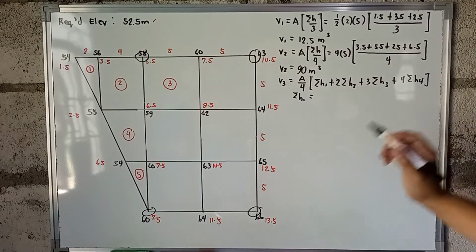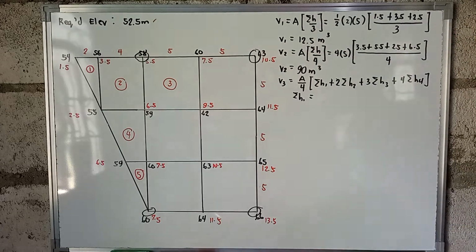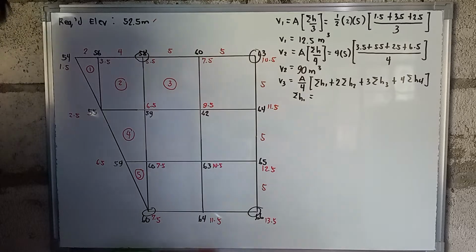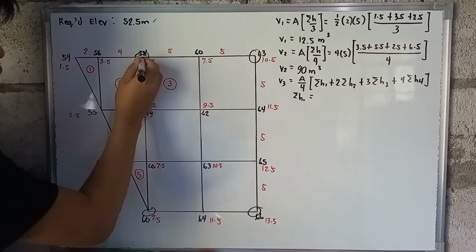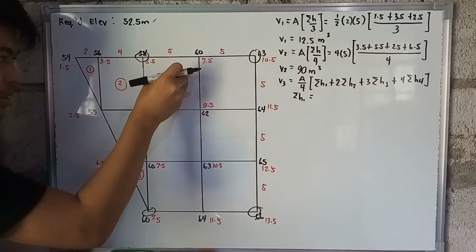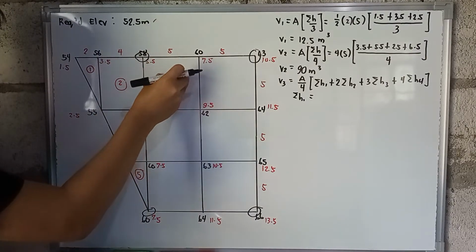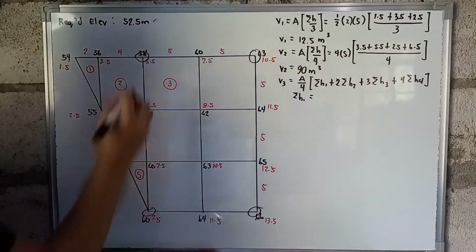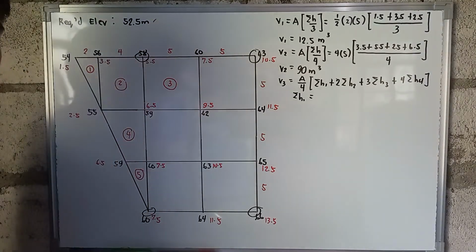Kasi, common lang sila sa iisang prism. So, sir, paano dito sa case na to? Hindi ba siya H sub 2? Kasi common siya sa dalawang prism. Pero ang tanong, yung prism ba na to, same lang ba sila ng base ng prism na to? So, hindi. So, yung mangyayari niyan, eto H1 pa rin siya.